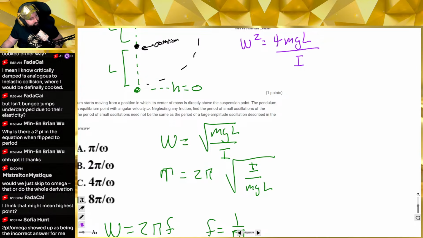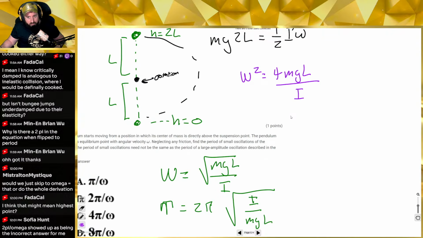I don't like this question. Yeah, I agree with this. mg over I. 4 mgl over I is equal to omega squared.